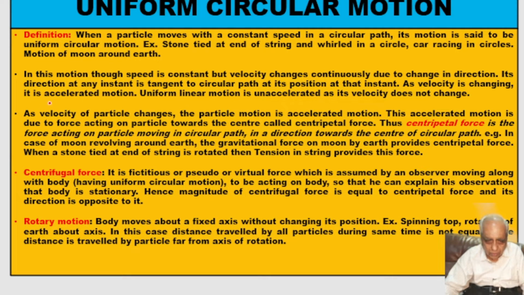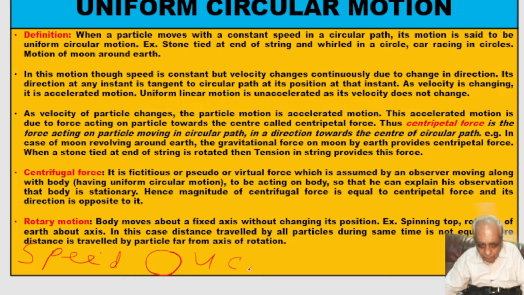So here uniform means uniform speed. If a body is moving with uniform speed, circular means the body is traveling in a circle. So if a body is moving along a circular path at constant speed, we say it is having U.C.M., uniform circular motion.